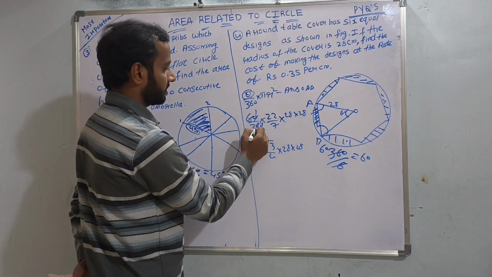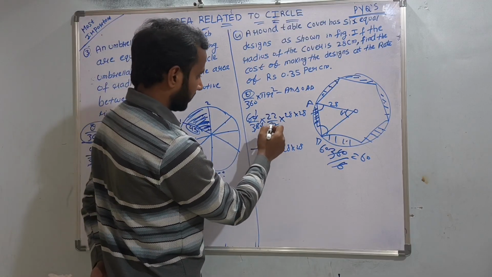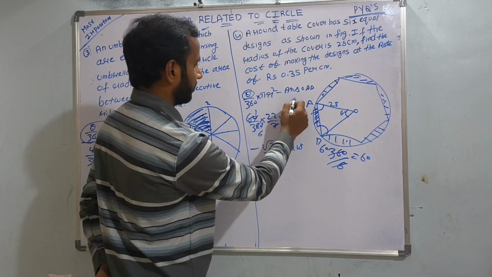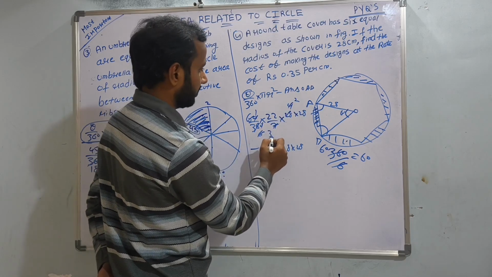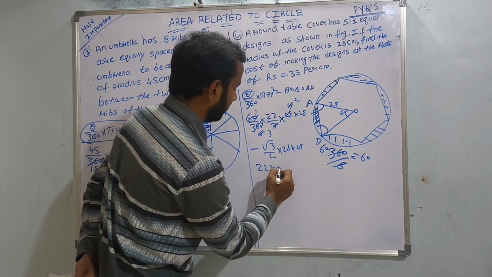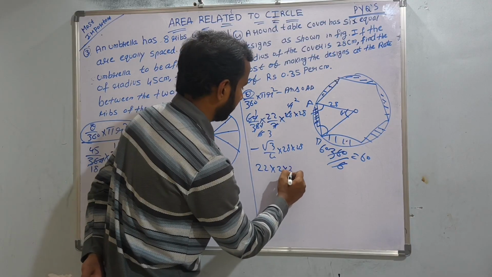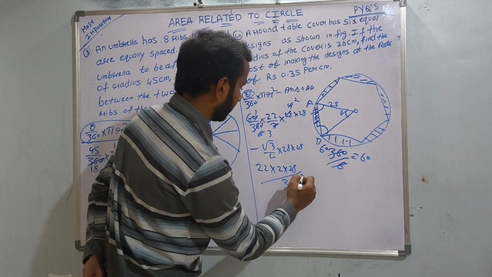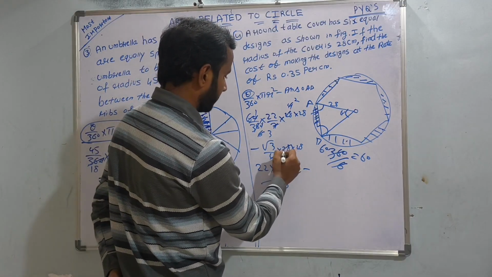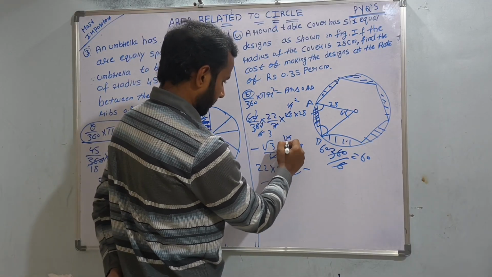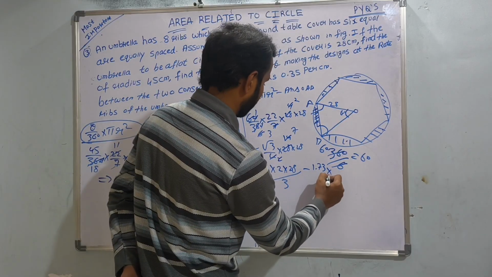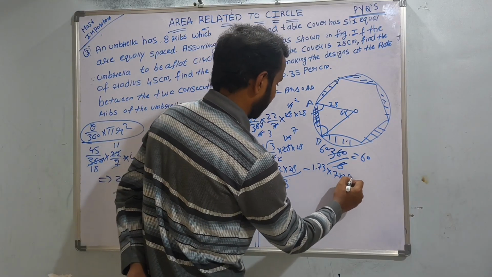Cancellation, 6 ones are 6, 6 sixes are 36, 7 fours are 28, 2 twos are 4, 2 threes are 6. Now left with 22 into 2 into 28 divided by 3 minus root 3, whose value they have given. Cancellation, 2 twos are 4, 2 ones are 2, 2 fours are 8. Root 3 value is 1.73 into 7 into 28.